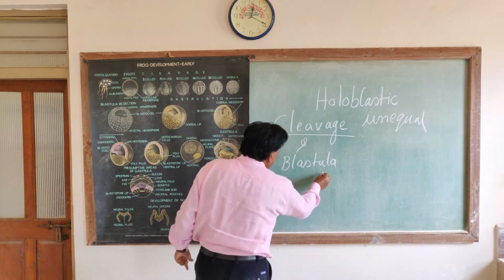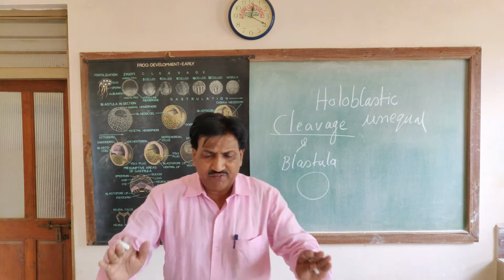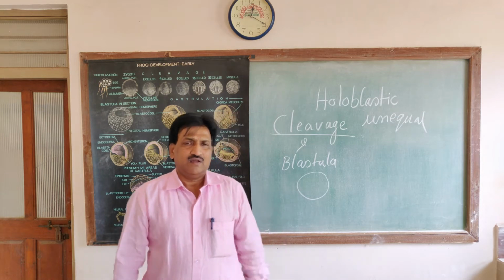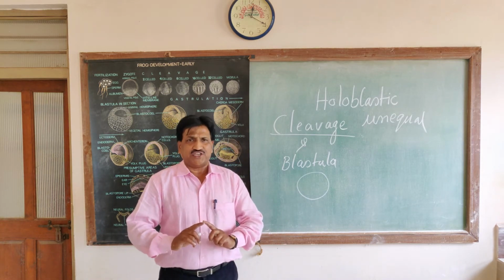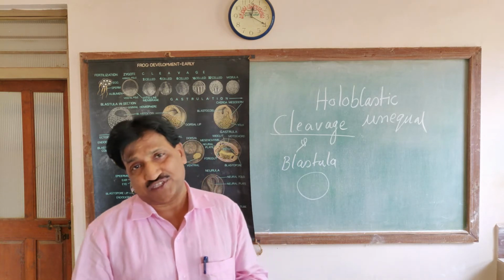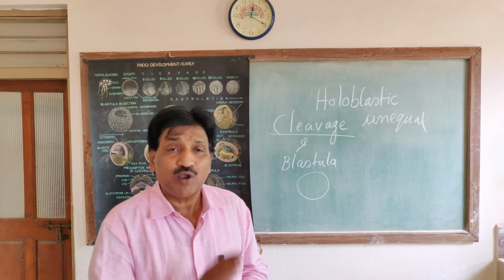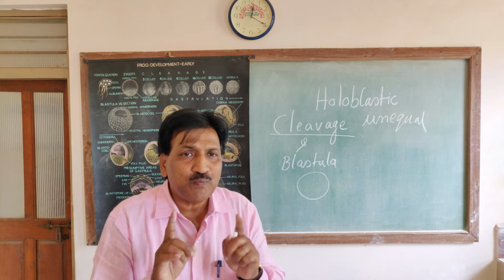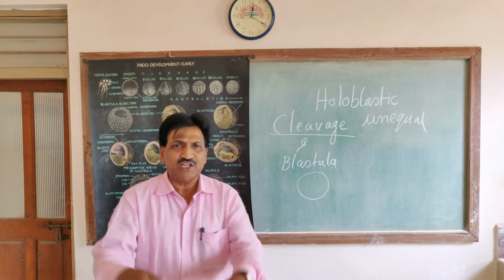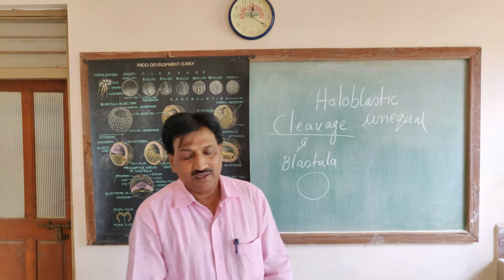The complete egg undergoes division. After the end of the cleavage, the resultant cells are called blastomeres, but the blastomeres do not have the same size. I'll tell you afterwards.